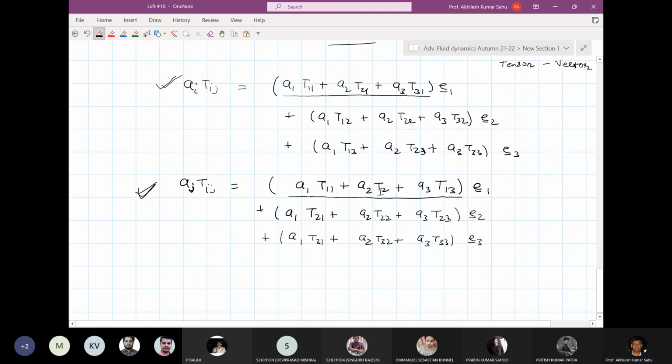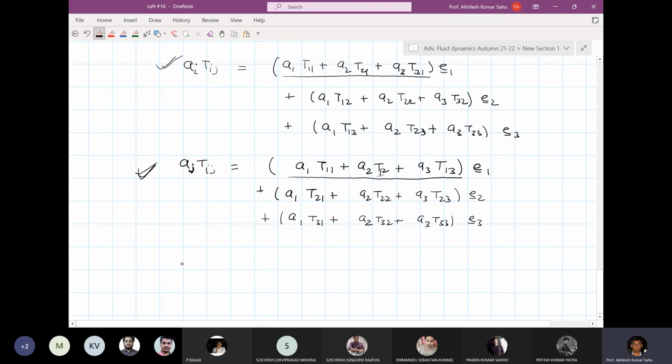अच्छा. What about the cross product? Let's say I'm finding A cross T. Can someone tell me the index notation for this? Anyone?